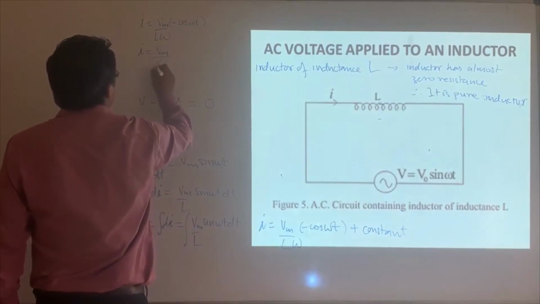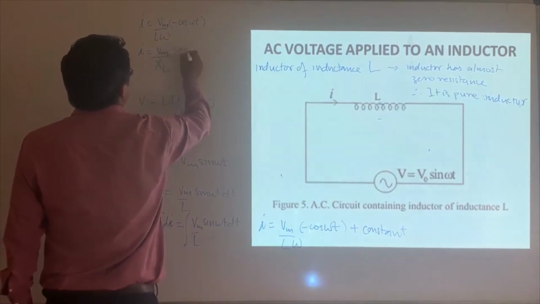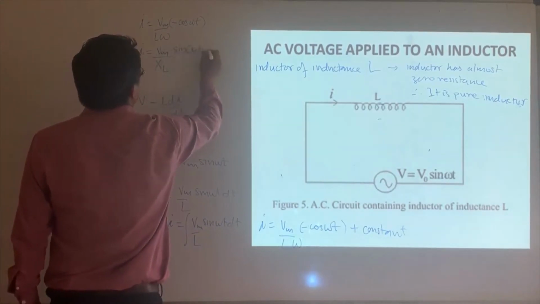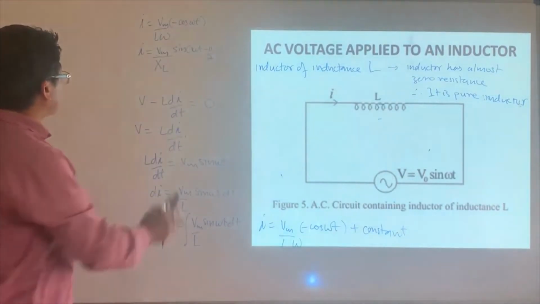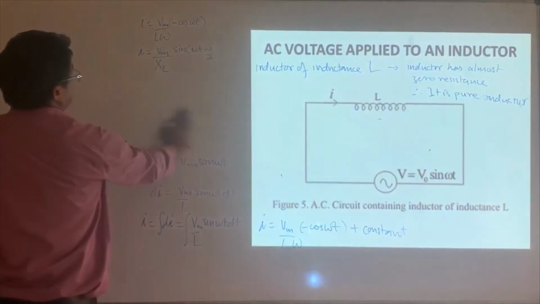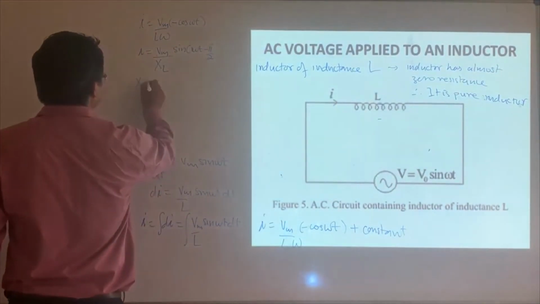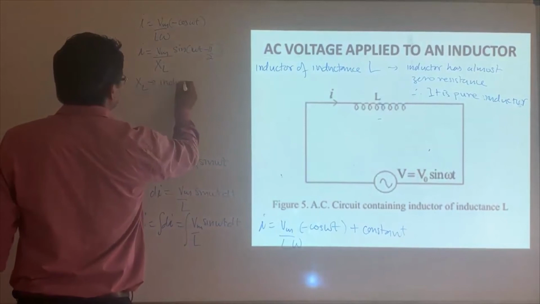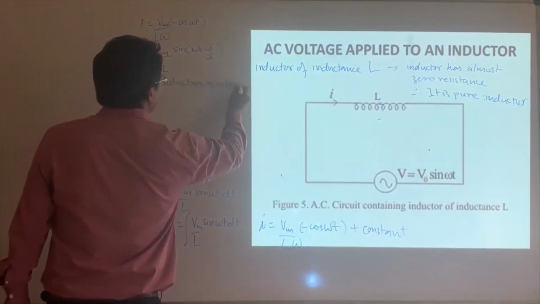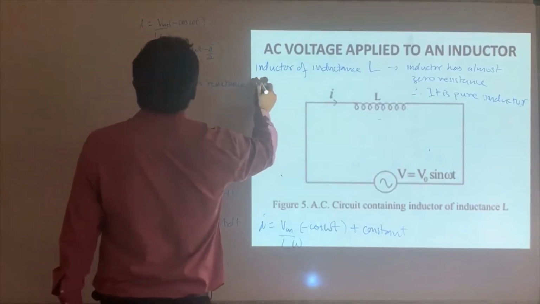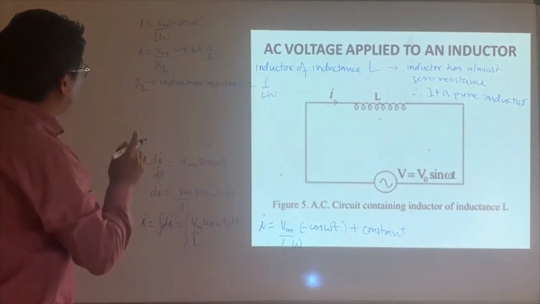Alright, so therefore this is equal to Vm by XL, sine omega t minus pi by 2. XL is what we call the inductive reactance, which is equal to L omega.